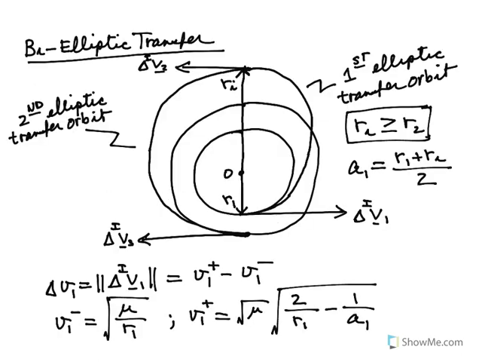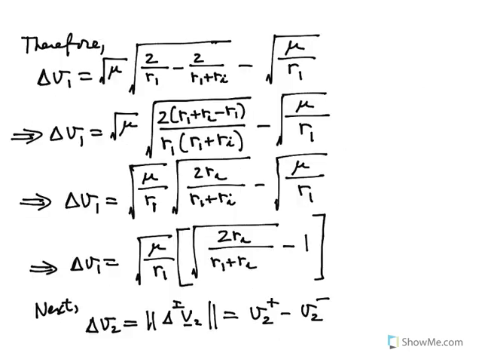Well, if you go back and look at the diagram, you'll see that the impulse delta V2 is applied a distance Ri away from the focus. So as a result, the location from the vis-viva equation has to be Ri. And it's also such that the pre-impulse speed is based on the first transfer orbit, while the post-impulse speed is based on the second transfer orbit. So let's be real careful with this.